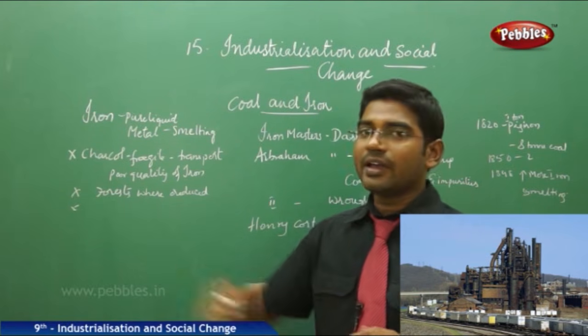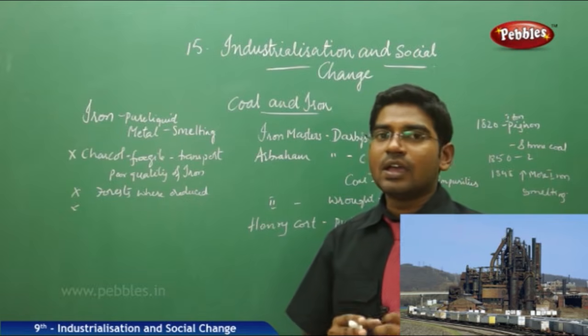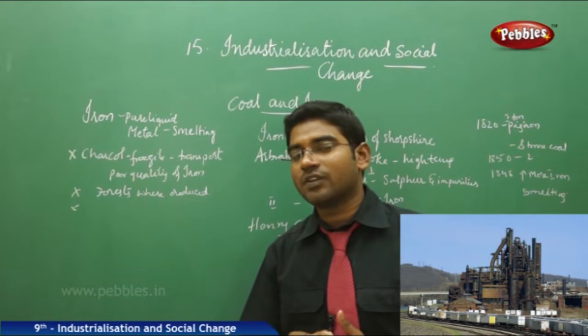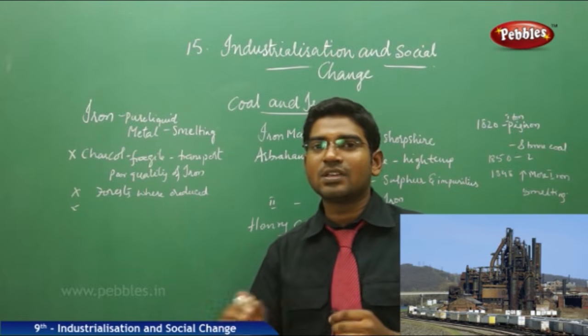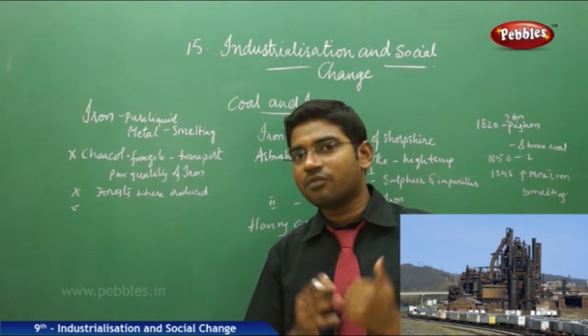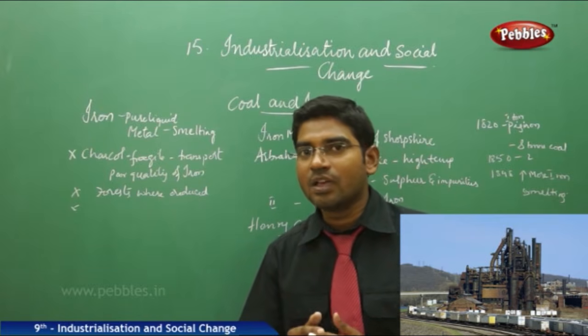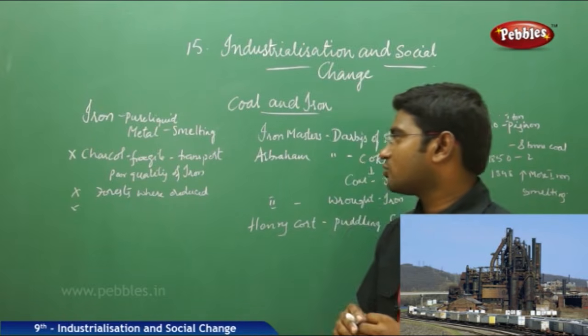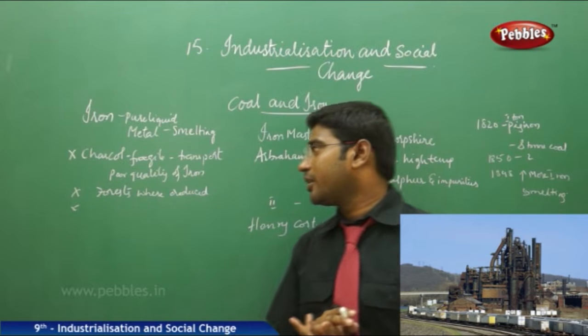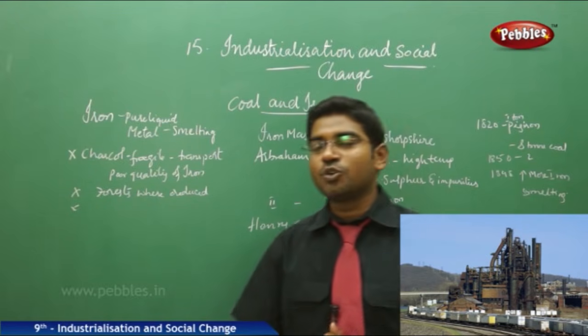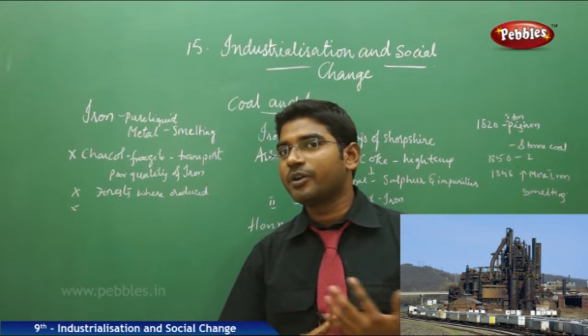So in order to heat the iron, we need charcoal in large amounts, and charcoal has many negative effects. It is in very small fragile pieces, transporting it is a very difficult and tough task, it doesn't give very high temperatures, and it produces iron with impurities.